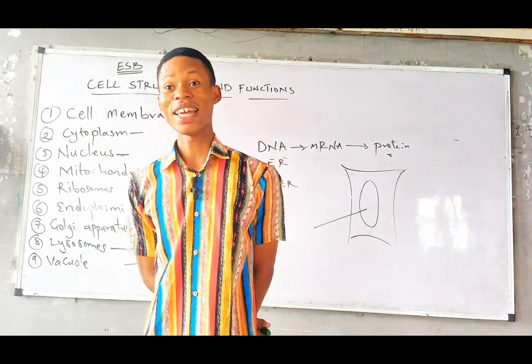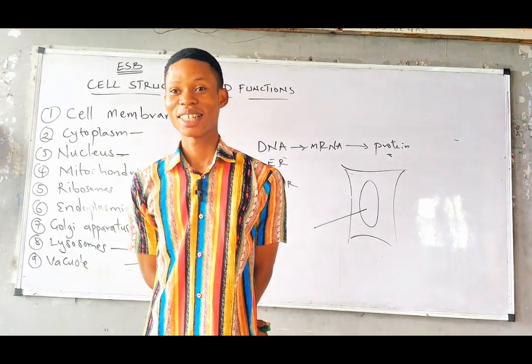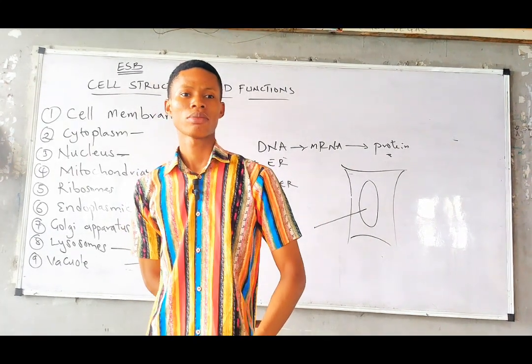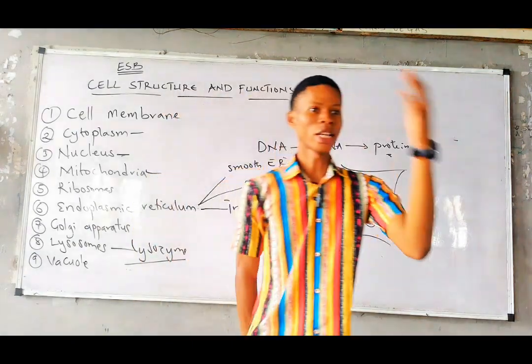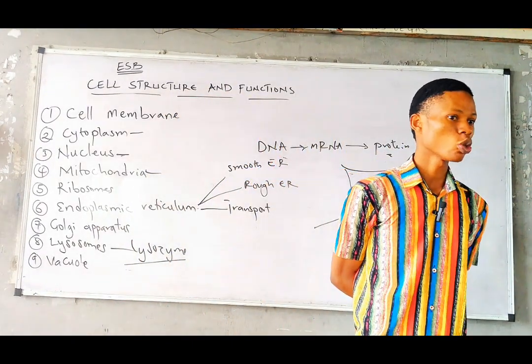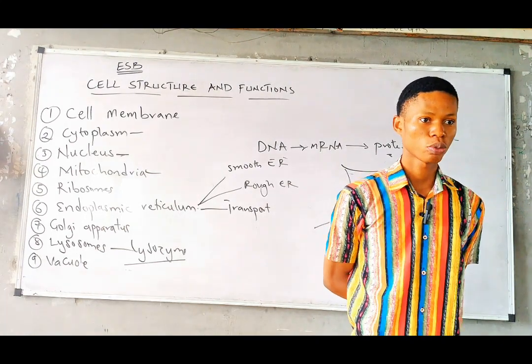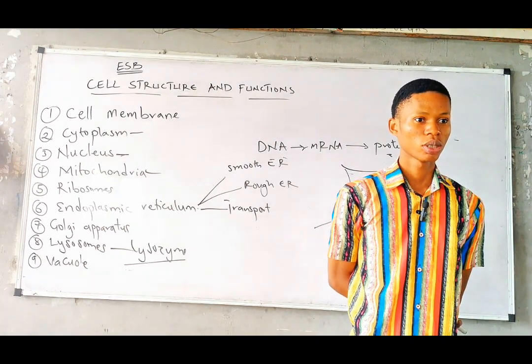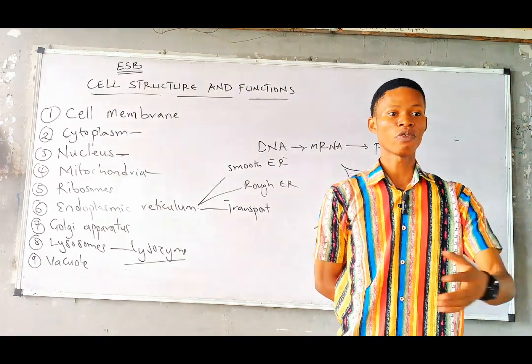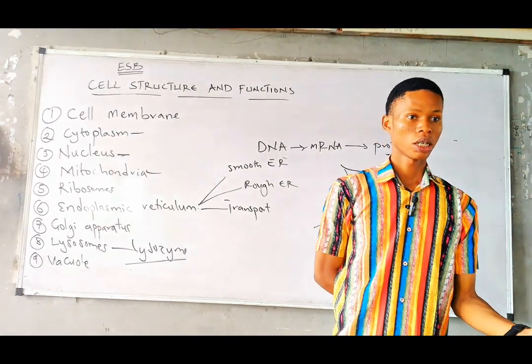Adenine and what? Guanine, right? Good. And we said that the endoplasmic reticulum can either be what or what? Smooth or rough. What makes the smooth smooth? Does not contain ribosome, right? Why is the rough rough? Because it contains ribosomes, right?